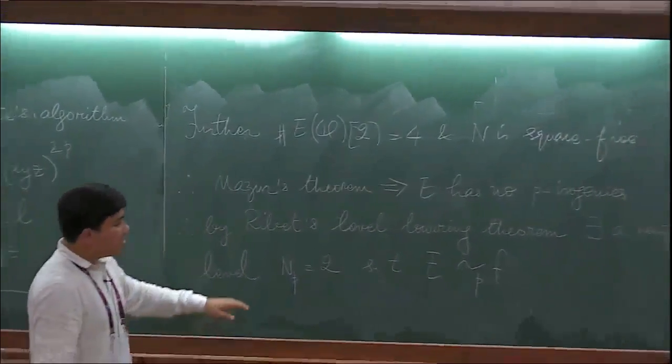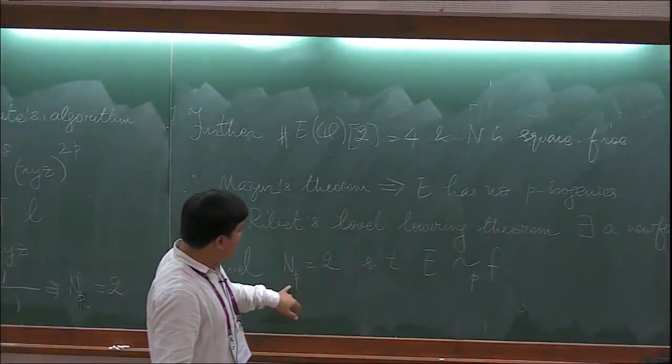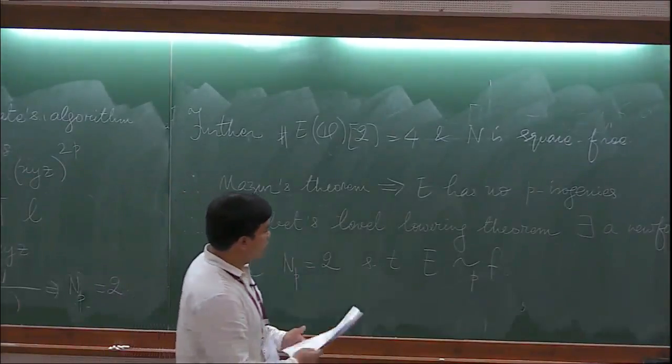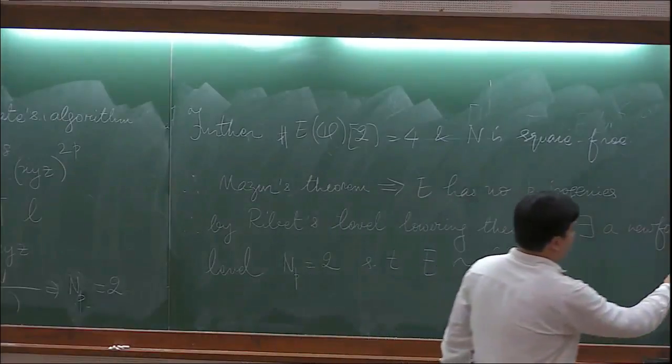So there exists a newform f of level NP equal to 2 and of weight 2.